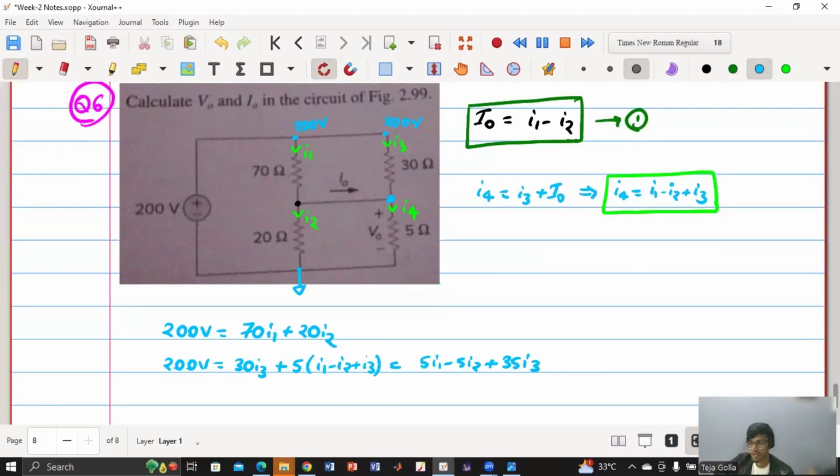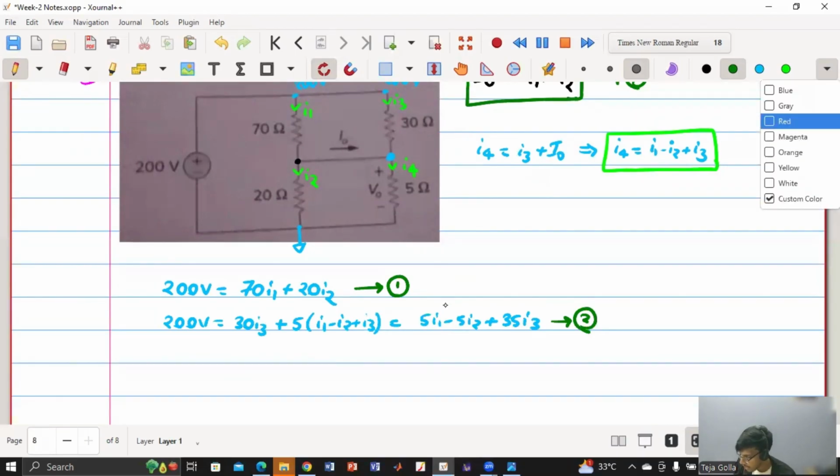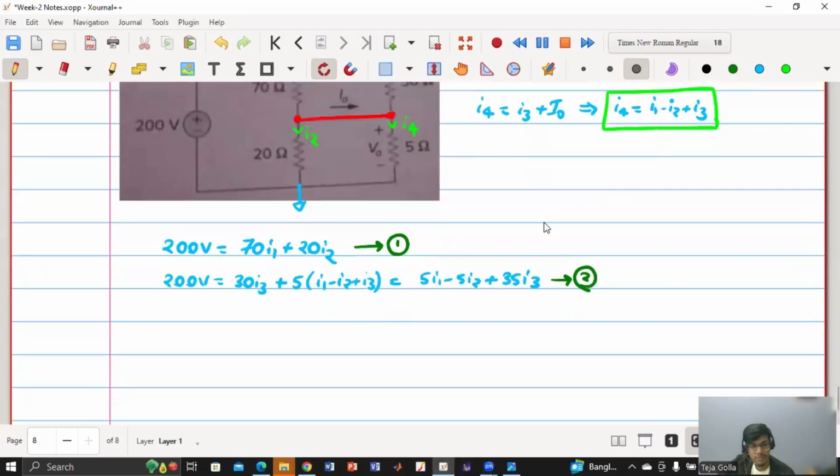This is my equation 1 and this is my equation 2. Now I know something else: this voltage and this voltage are the same, since both are shorted. This voltage is 20 into I2, and that voltage is 5 into I4.